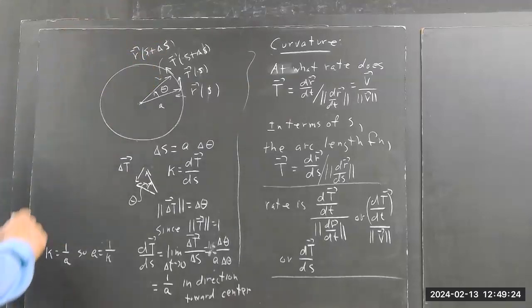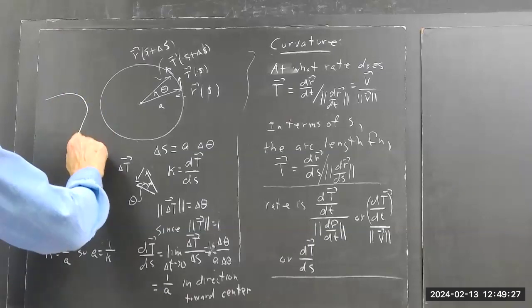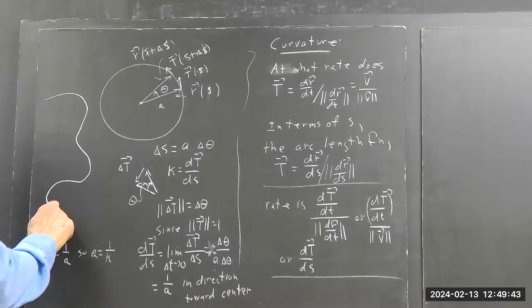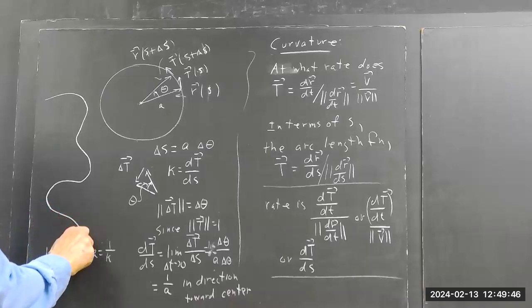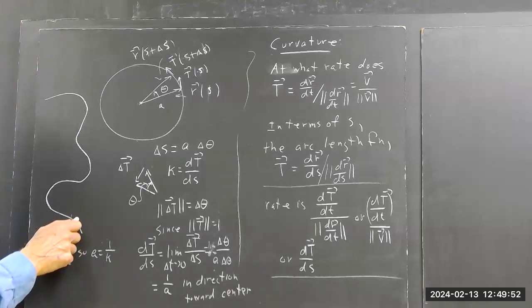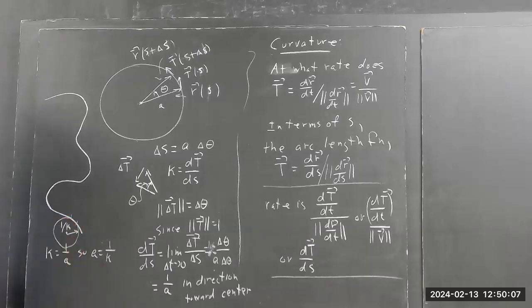Now, if you're on some curve in space, and right here this part of the curve can be seen as part of a circle, this radius is... First thing, the curve.